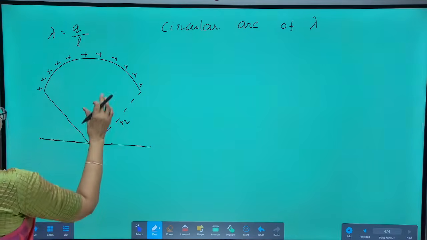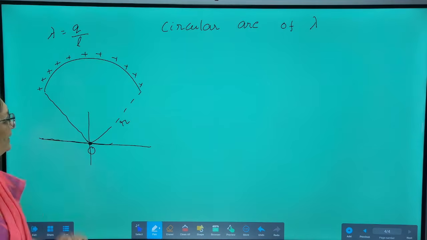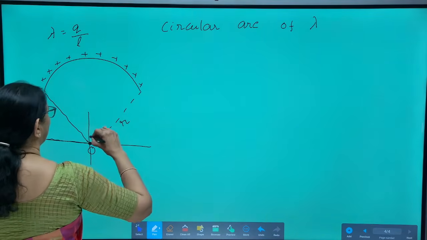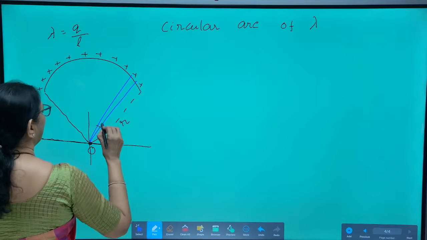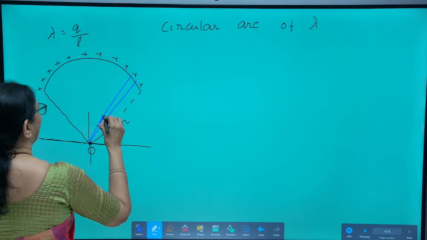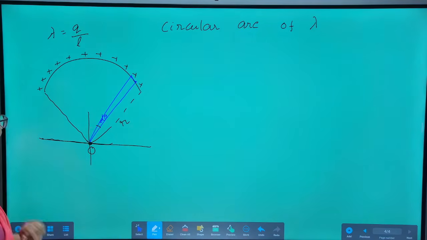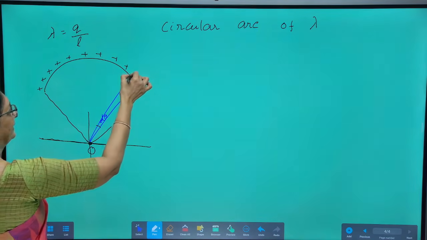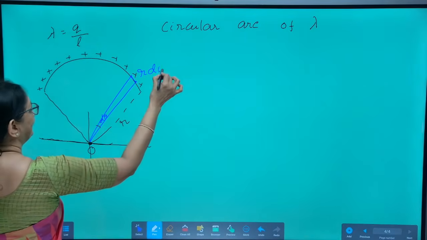Now, to find the electric field intensity at the center due to the entire arc, let us consider a small element making an angle d theta here. Okay, this is a small element making an angle d theta. The length of that element will be r d theta.